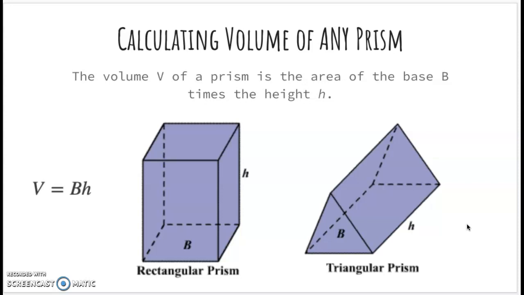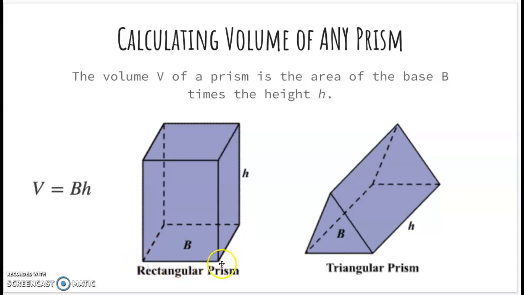All right, so how do we calculate volume of any prism? The volume of any prism is the area of the base times the height of the prism. In order to find the area of the base, we have several different formulas, depending on the shape of your base. For example, here we have a rectangular prism, so my base is a rectangle.